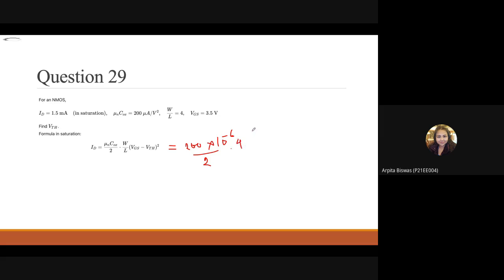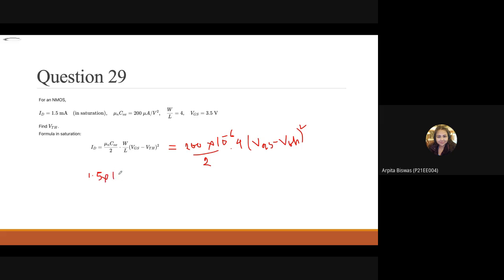So what is the value of VGS minus VTH? Later we are going to calculate VGS minus VTH whole square. So what is the value of this ID? ID is given, 1.5 into 10 to the power minus 3.